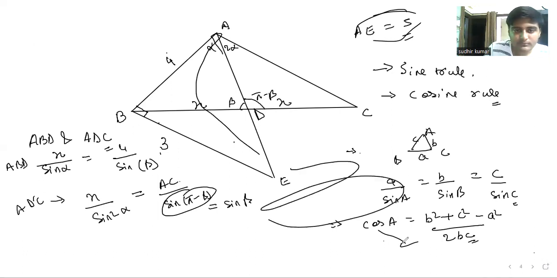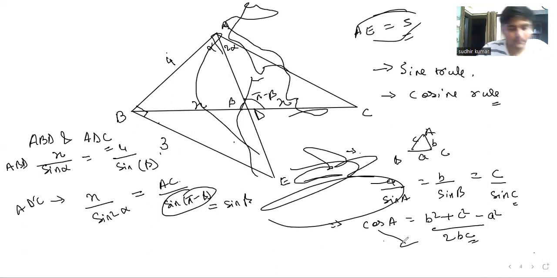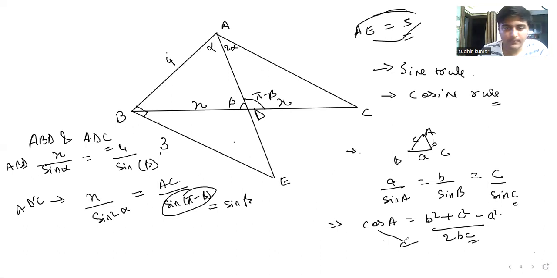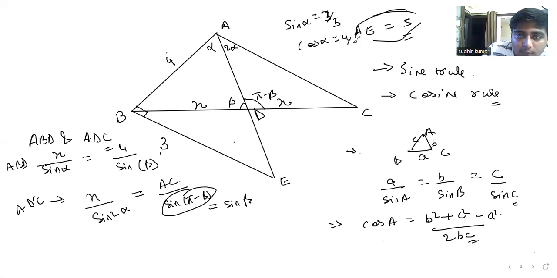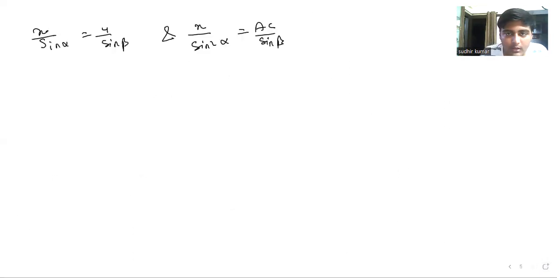As we know that in triangle ABE, sine alpha is equal to 3 upon 5 and cos alpha is equal to 4 upon 5. So from here, we will try to get AC.